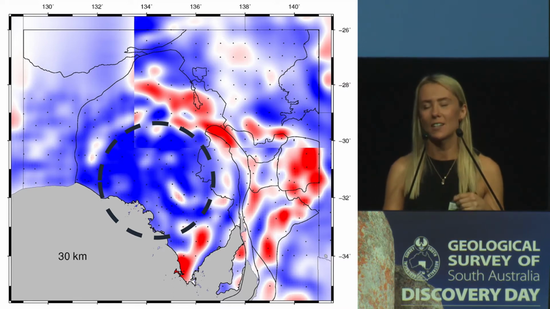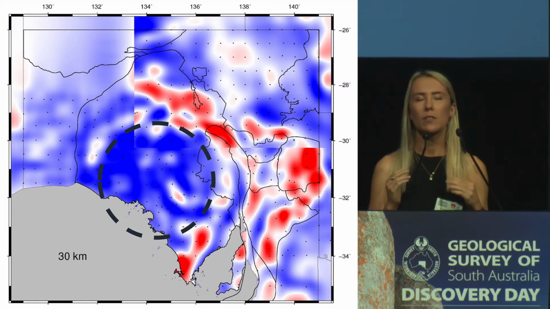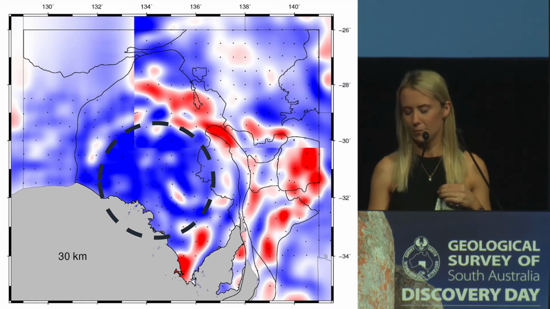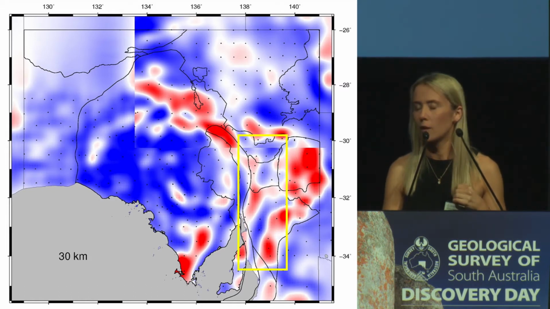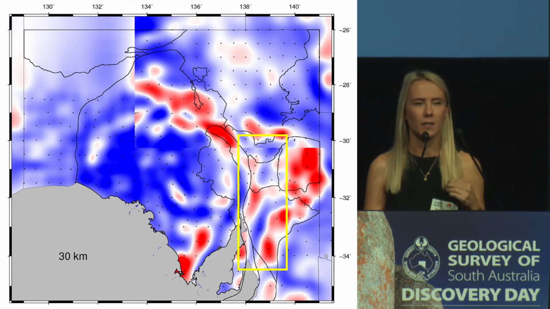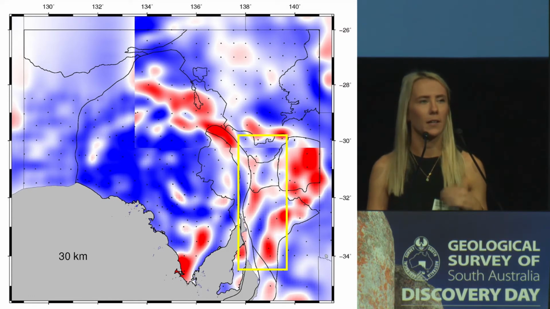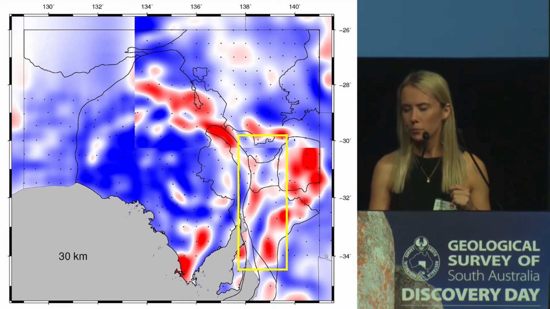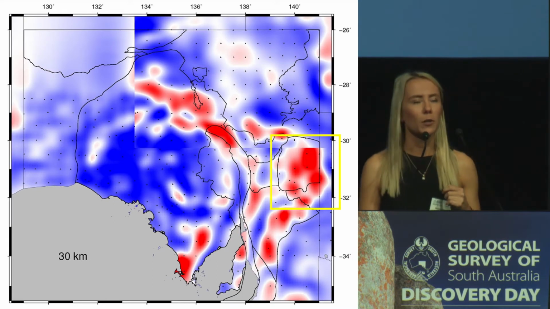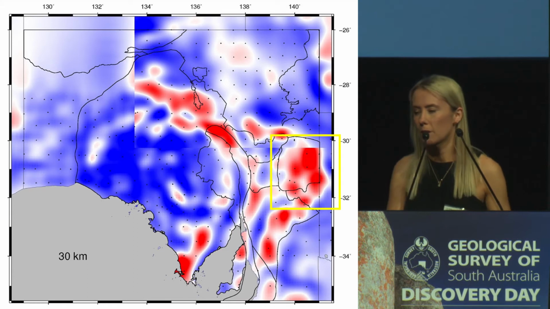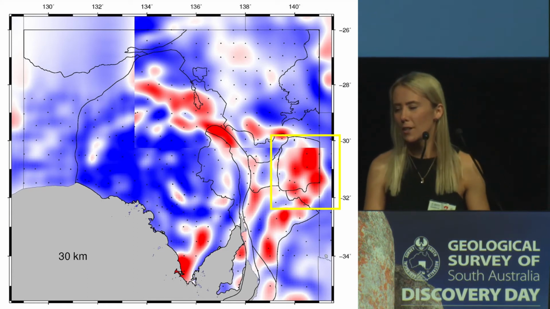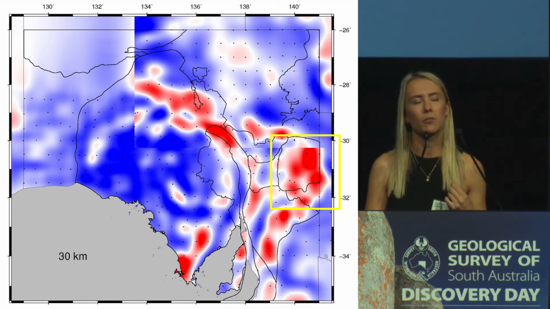Around that, we've got the conductive margin. And then we're still within the Gawler Craton, but it's going back to resistive. Then into the Flinders Ranges, we've got these conductors, and these extend down into the mantle, and that's where we were seeing the kimberlites. The Kernamona province, Graham will speak to you about that in more detail at the end of this session, but that's really conductive throughout a lot of the crust.